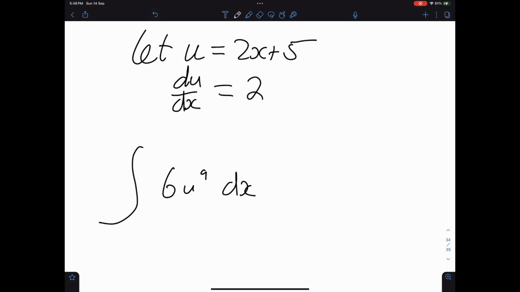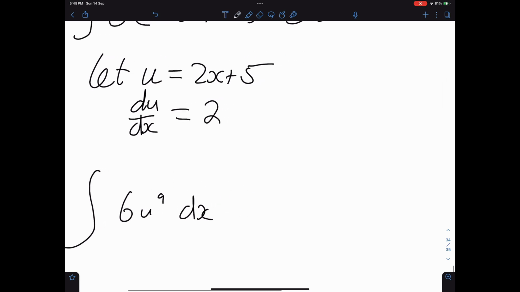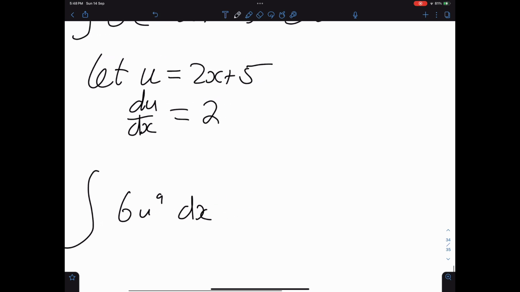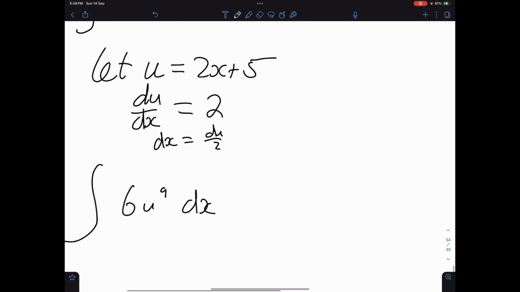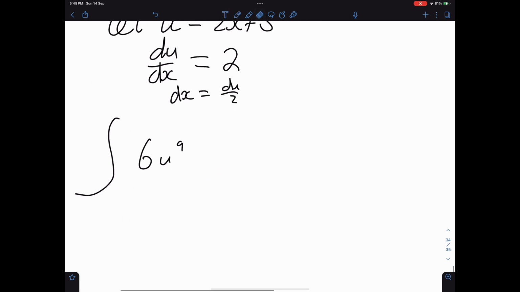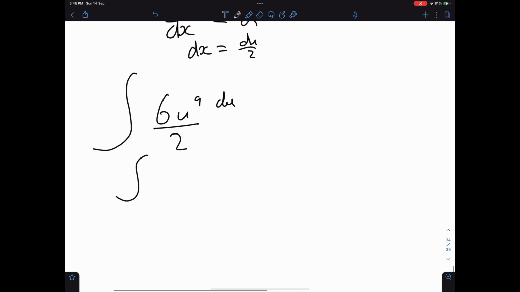Now we have an expression in terms of u, not dx. So we must rearrange this to get dx equals du over 2. And so we change this to du over 2, so that becomes 3u^9 du.